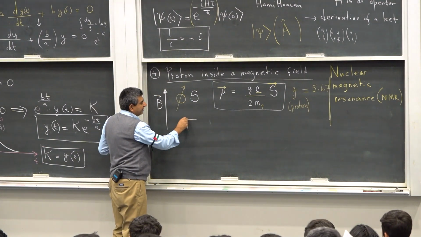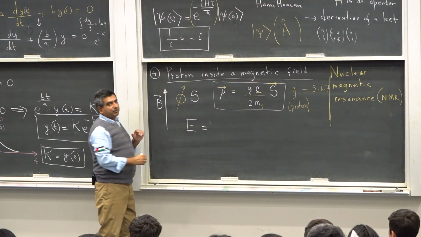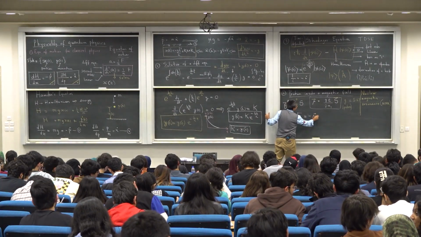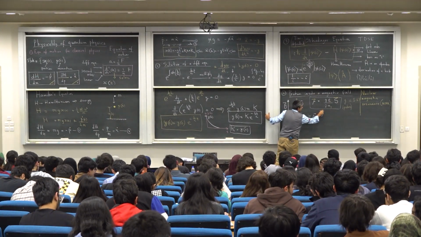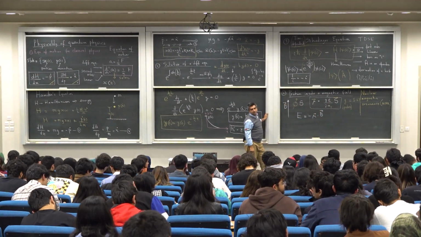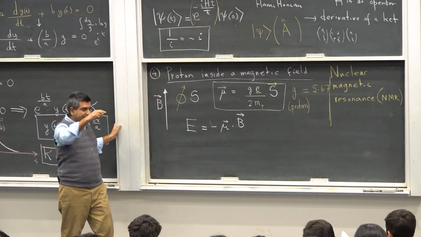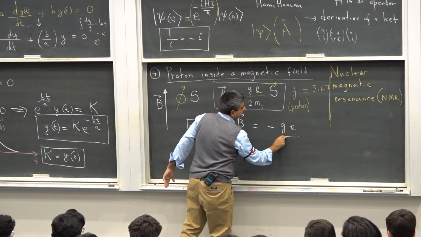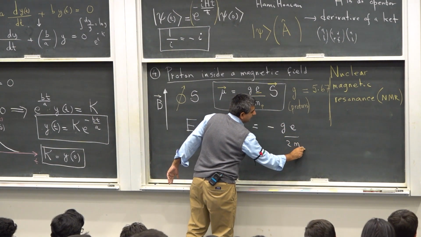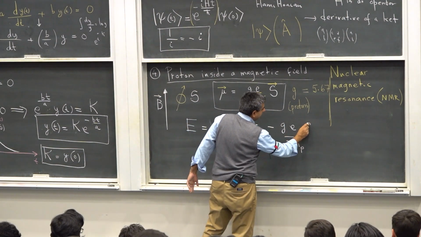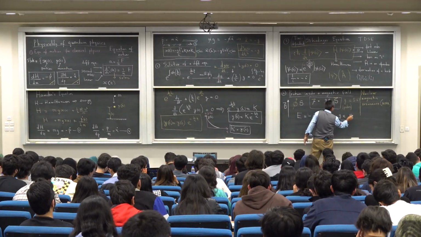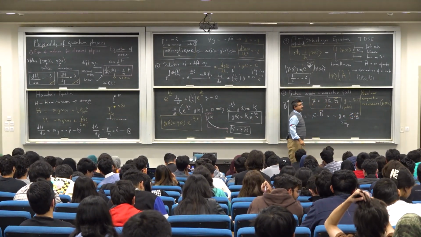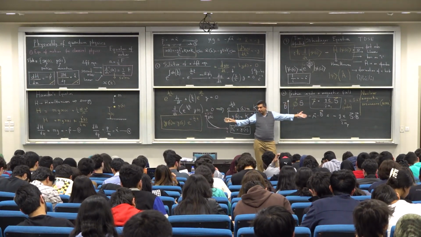That energy E, from classical physics, is given by minus mu dotted with B. So for a proton spin, this energy inside a magnetic field is minus g e over 2 m_p S dotted with B. Correct? So far so good.